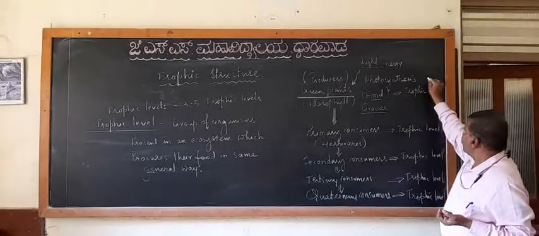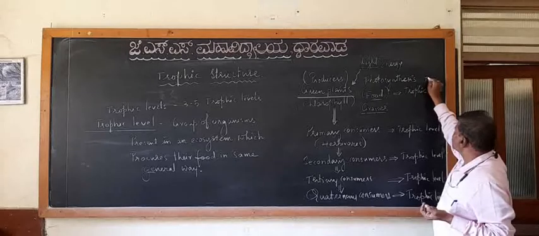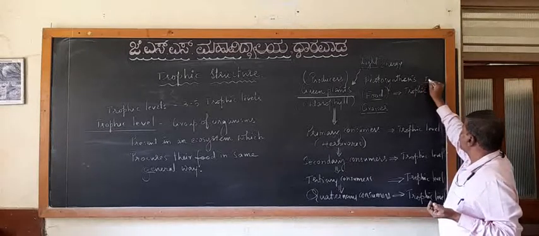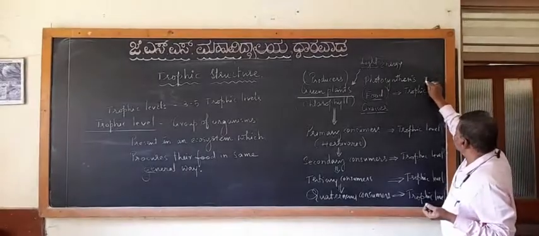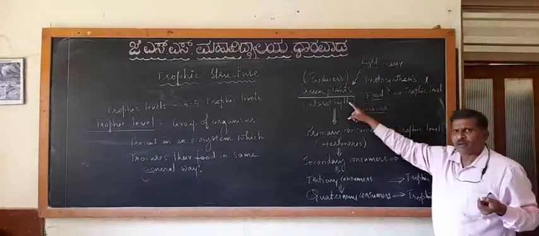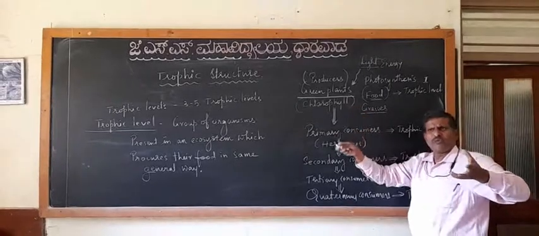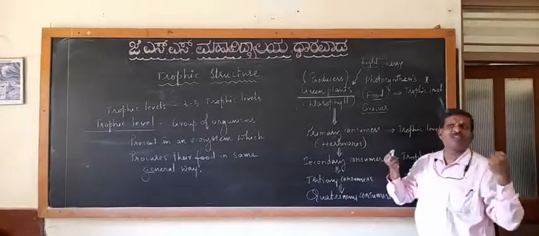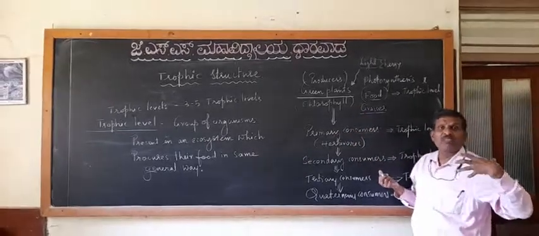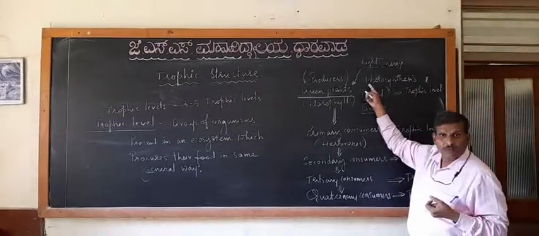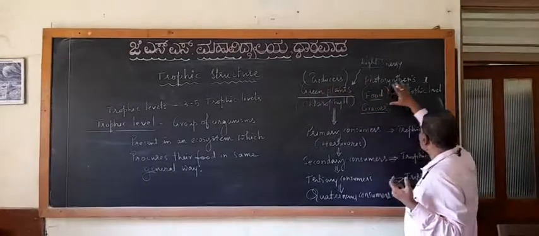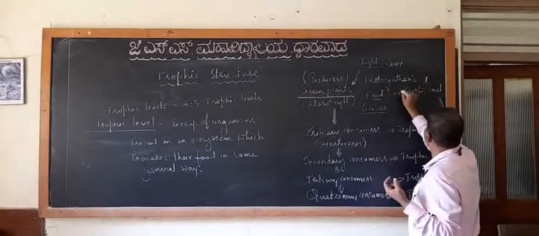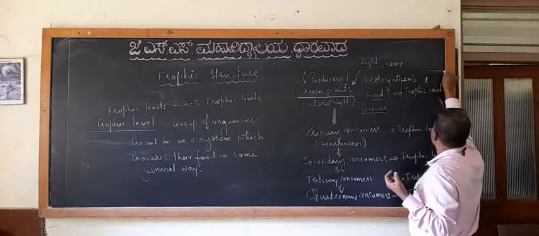That's why the food is first getting accumulated and incorporated in the green plants. Green plants are the ones which assimilate the food. How do they assimilate the food? By way of photosynthesis. That is why we consider all the green plants as the first trophic level.